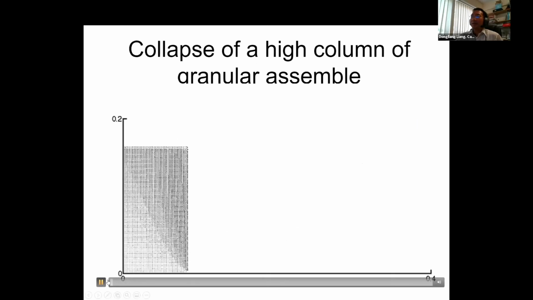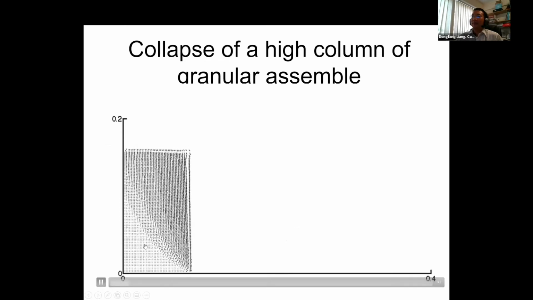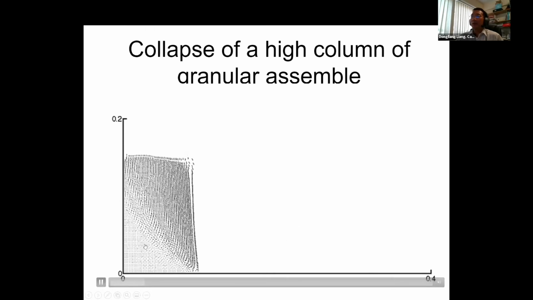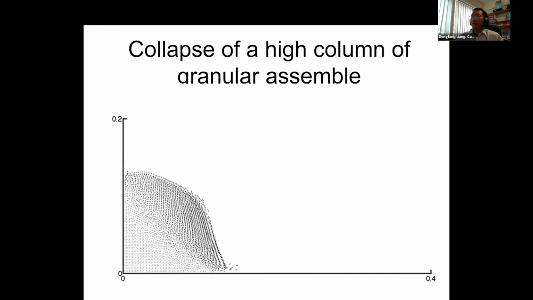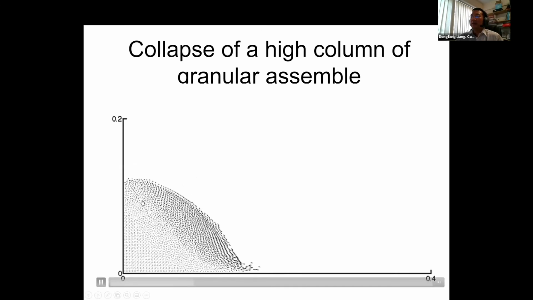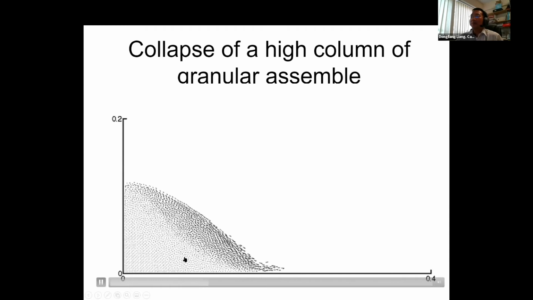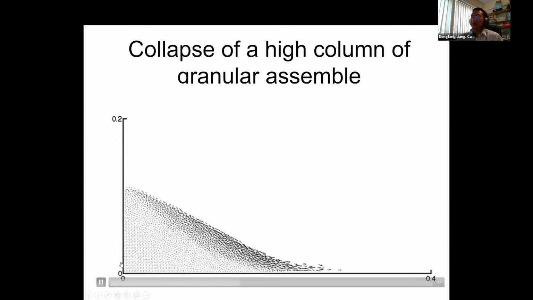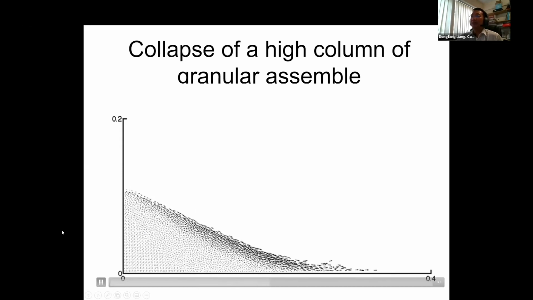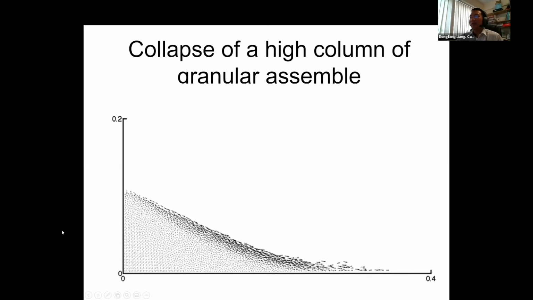This is the collapse of a very slender soil column. As can be seen, only this wedge undergoes significant movement, while the central triangular part of the column doesn't move much, which is as predicted by the theory.